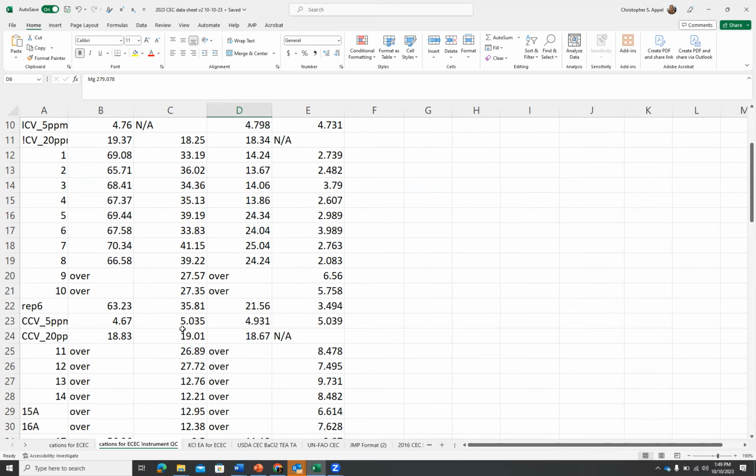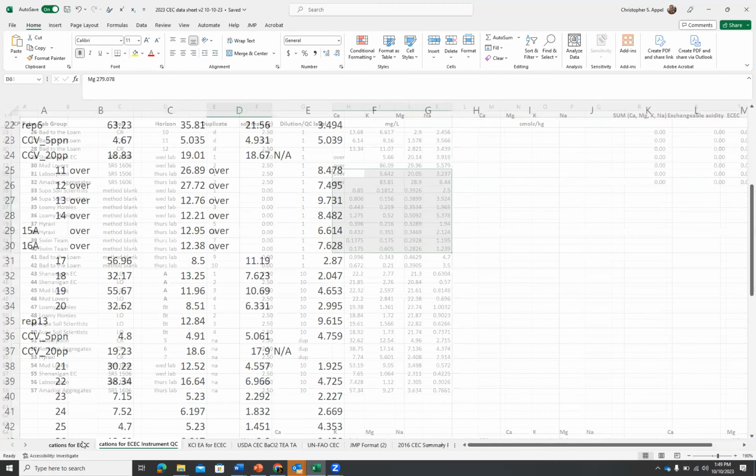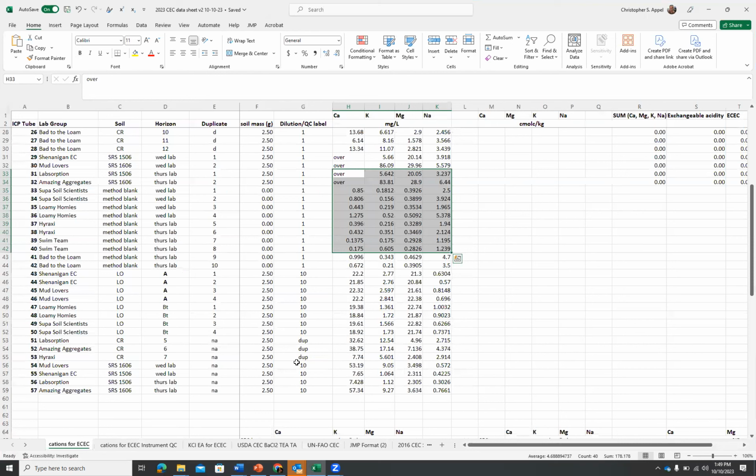So the lowest levels that we can determine for anything are based upon what the method detection limit is. Okay. So cations for ECEC is the worksheet that I'm going to be looking at here. And the specific values are all related to the method blank here.